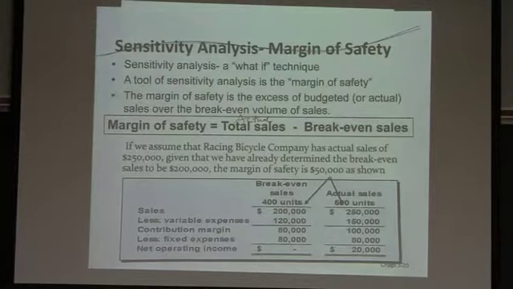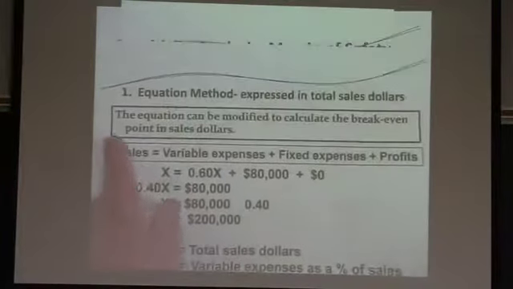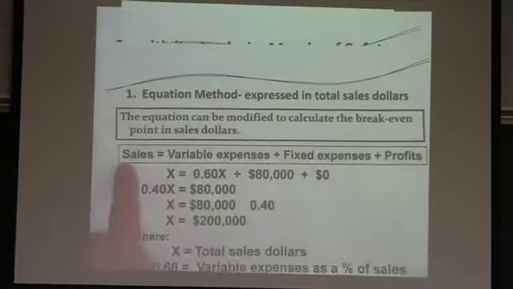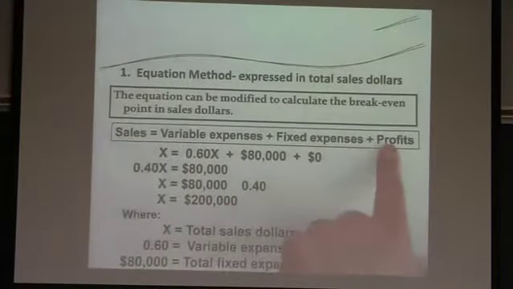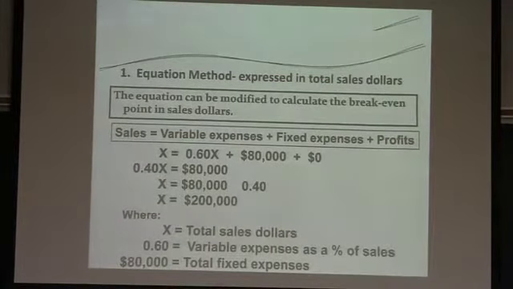So first of all, what is break-even sales? Break-even sales is essentially the amount of revenue you need to sell to have zero profit. What is the amount of revenue in dollars that you need to at least hit, to be able to generate zero profit? So we're going back to our equation.